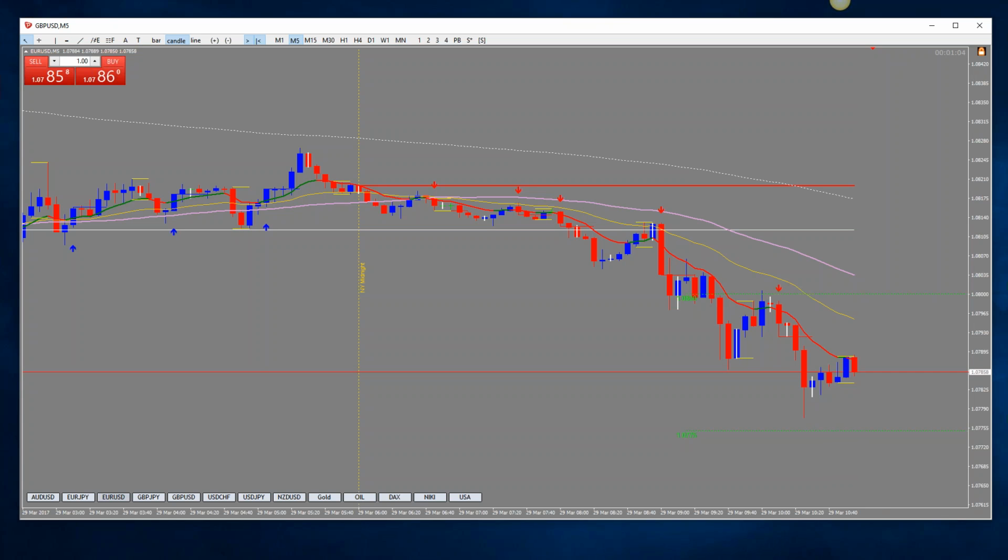It bounced off the daily 200 two days ago and it's heading down. It's broken resistance from back in January on the daily, so we're in a good position to continue shorts.